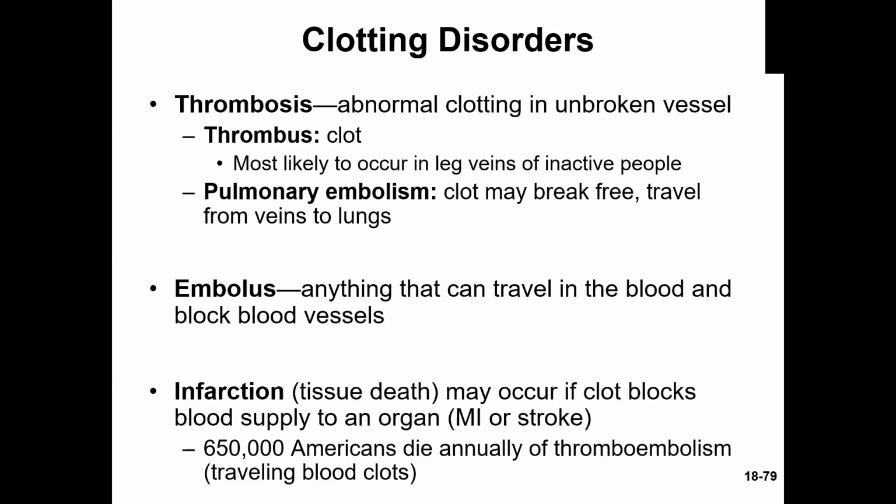When someone mentions they have an embolus, this is anything that can travel in the blood and block a vessel. Regarding infarction, this is tissue death, and this may occur if you have blockages to an organ, like myocardial infarction or stroke.